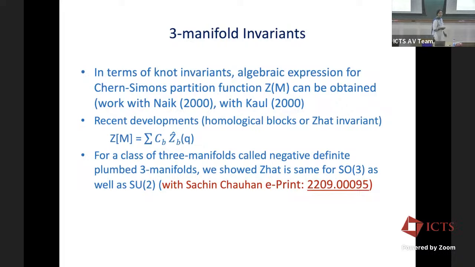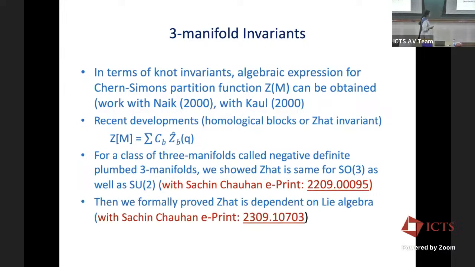We wanted to see why it is the same. We thought it should be the Lie algebra, but we wanted to verify this. Then we looked at SUN mod ZM kind of quotienting groups. And formally, we proved in this paper a few months ago that Z hat is dependent on the Lie algebra.